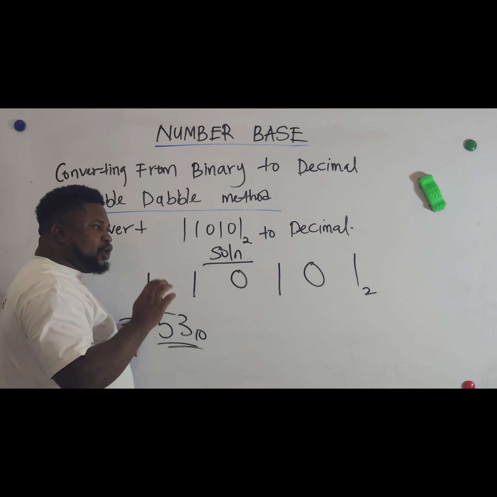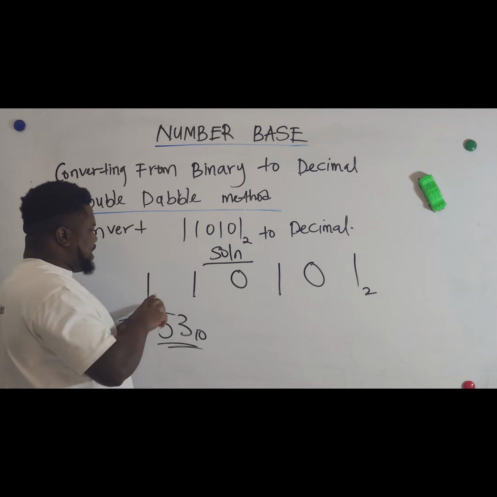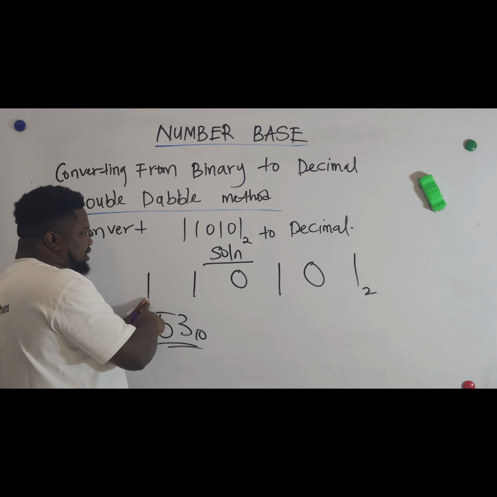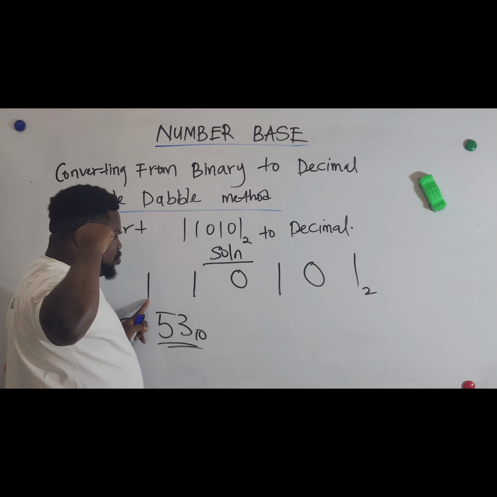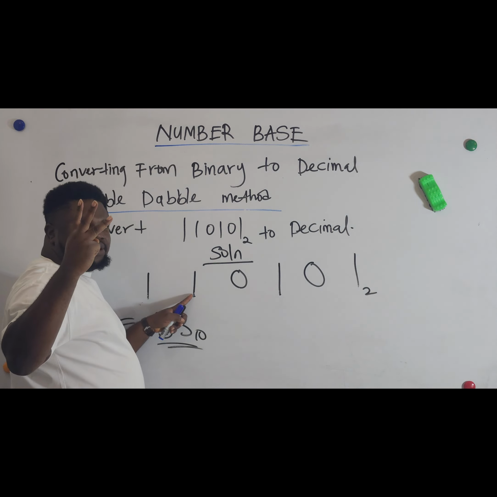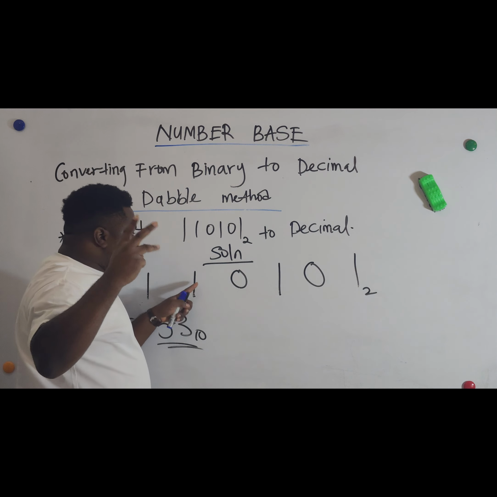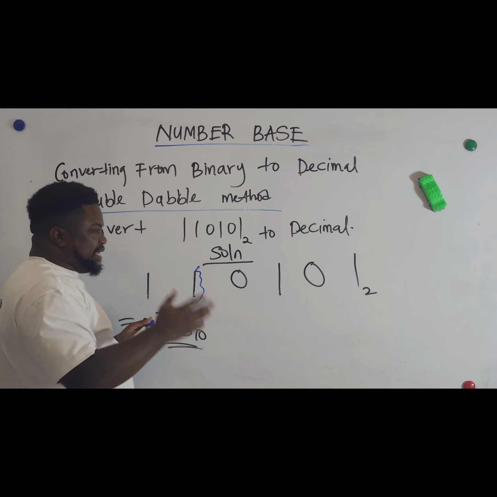Before you multiply, add the next bit first. So 1 times 2 is 2. We'll add the next bit: 2 plus 1, 3. After adding, you multiply again.